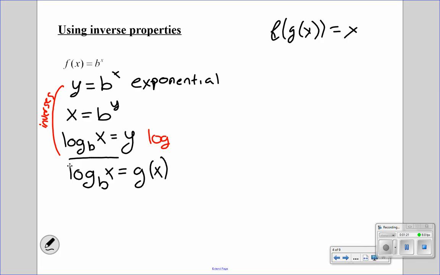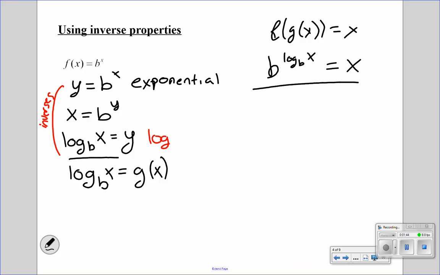So if we take f of g of x, we simply plug our g of x in for x in our first equation. So we get b to the log base b of x. And we know that that has to equal x because that's a property of logarithms.